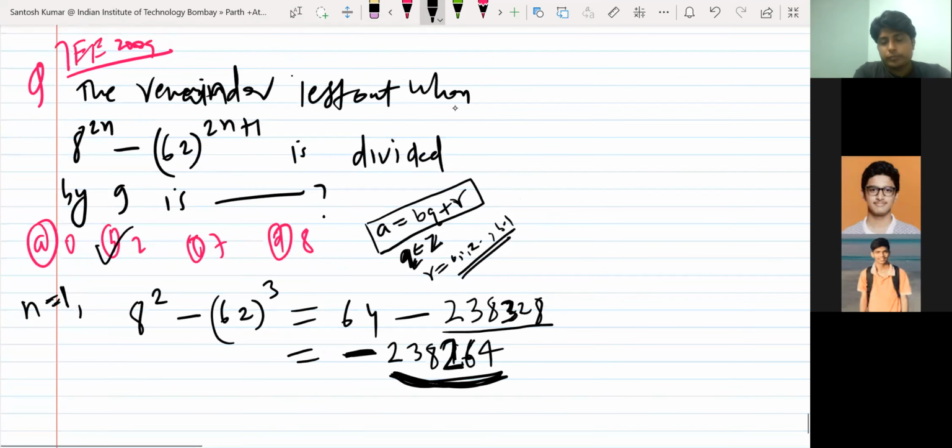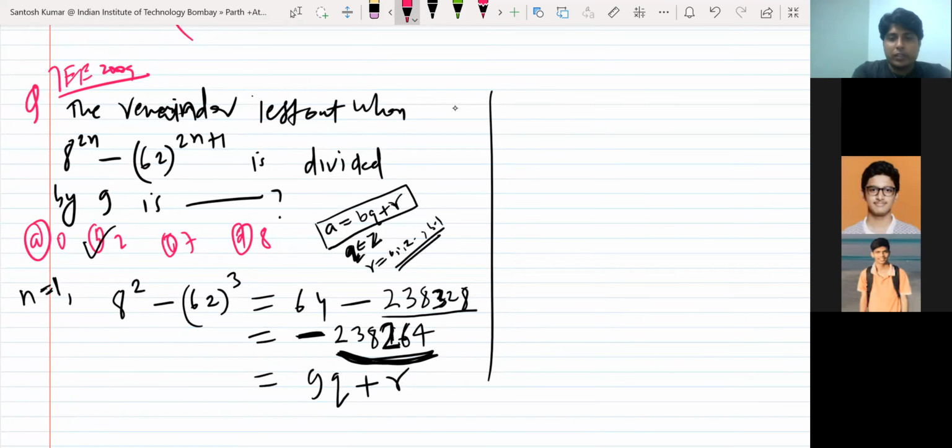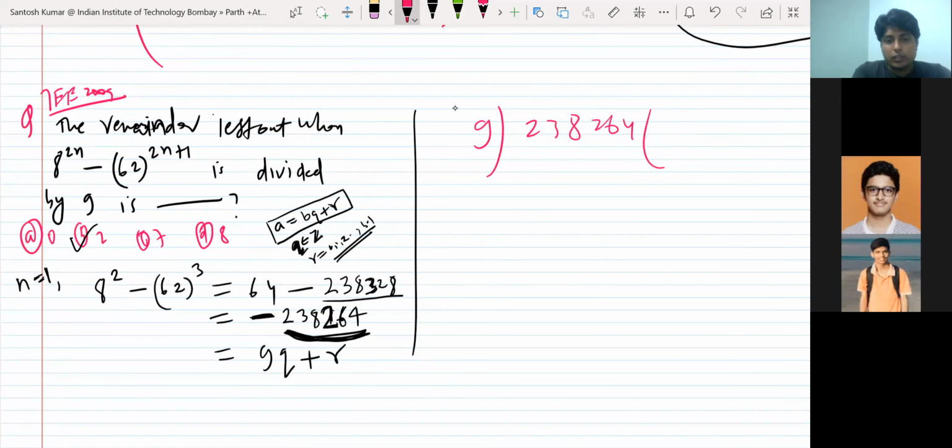You have to convert it into the form 9 into q plus r, and that r is what you want. So first let me divide this 238,264; I'm ignoring the minus, just dividing.